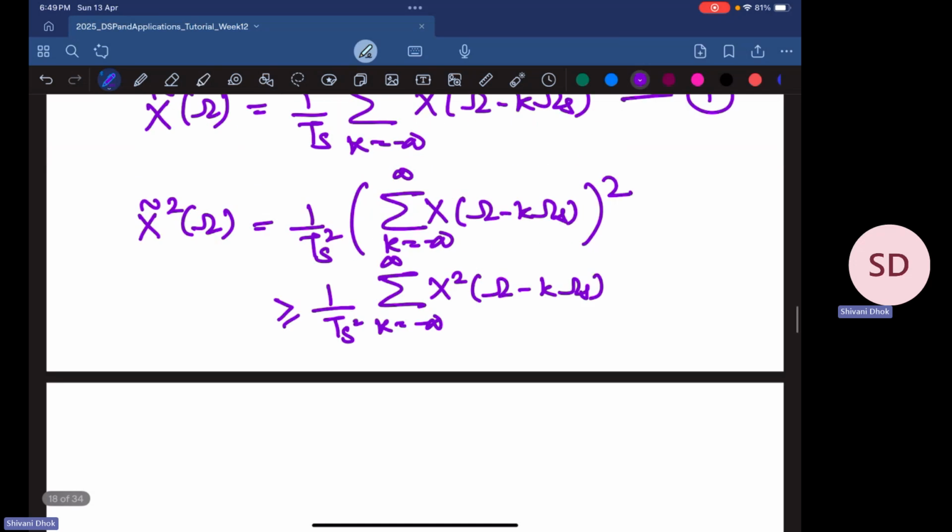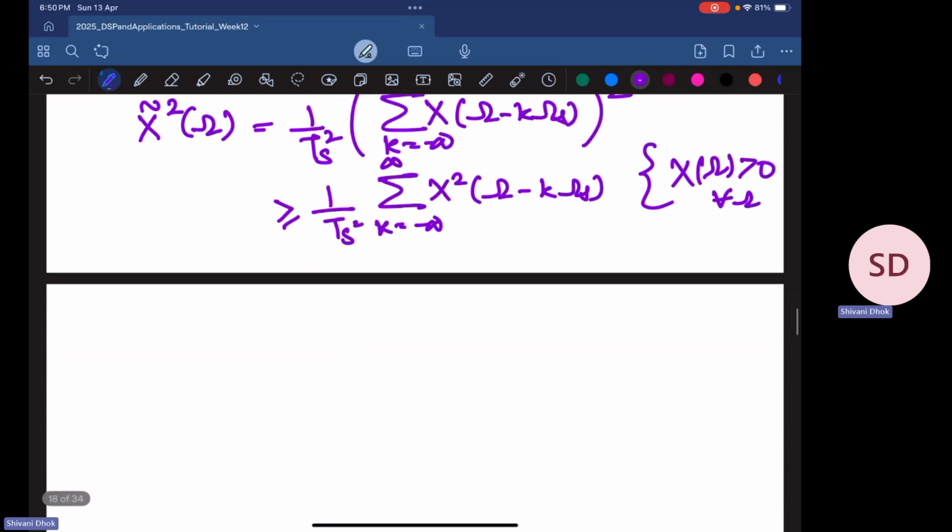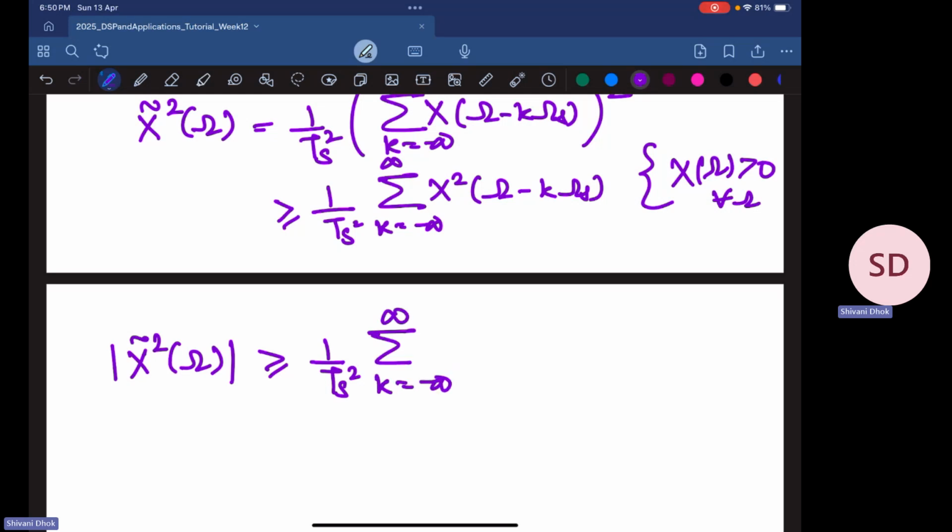Okay, so now another thing: since these are positive, this is coming from x of omega greater than 0 for all omega. Since these are positives, this is equal to its magnitude, so we get magnitude x tilde square of omega to be greater than or equal to 1 over Ts square summation k running from minus infinity to infinity magnitude of x square of omega minus k times omega s.